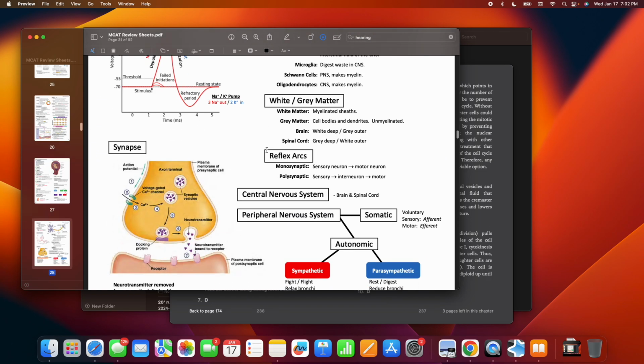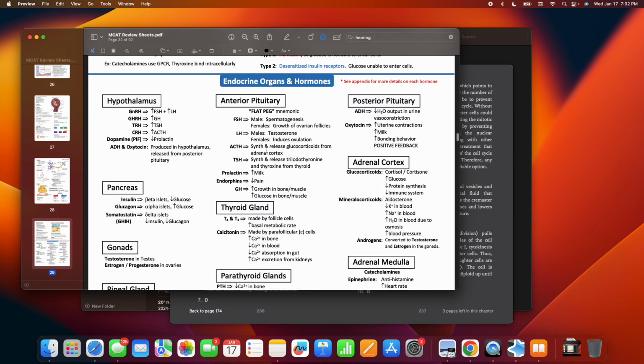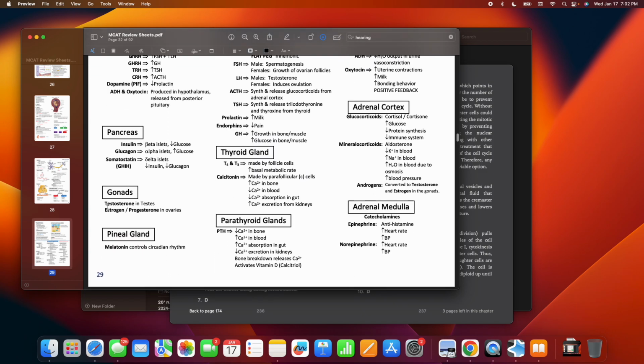That would be here. So let's look at estrogen. We have our gonads. So estrogen and progesterone in the ovaries, and testes, testosterone. But where do estrogen and progesterone come from in males, and vice versa?